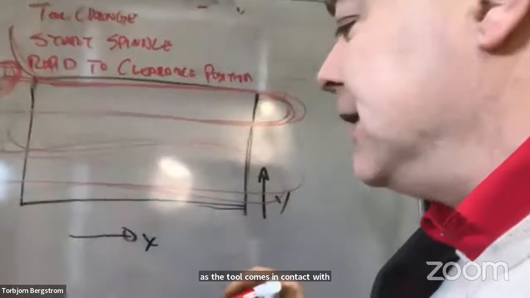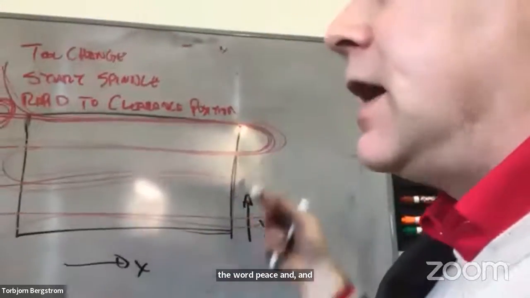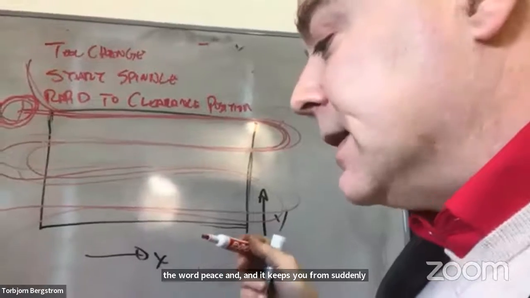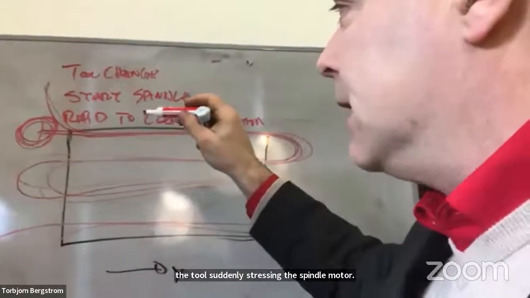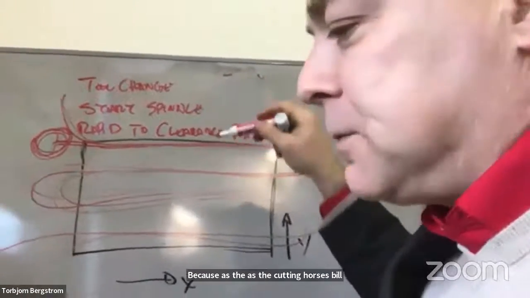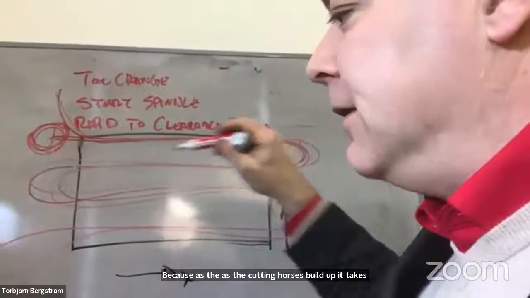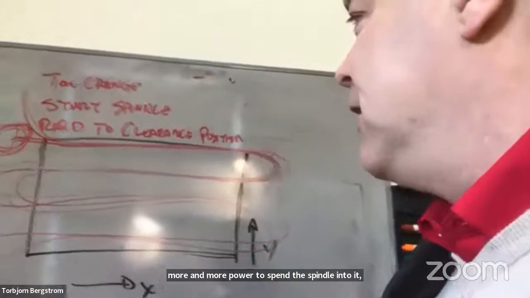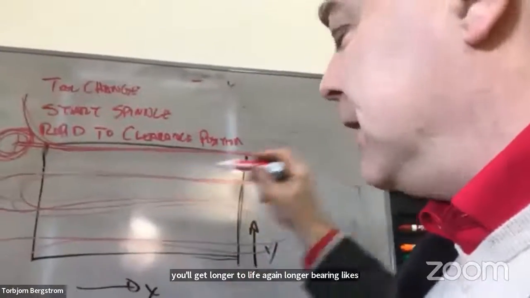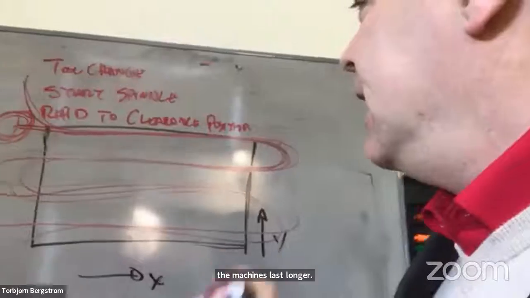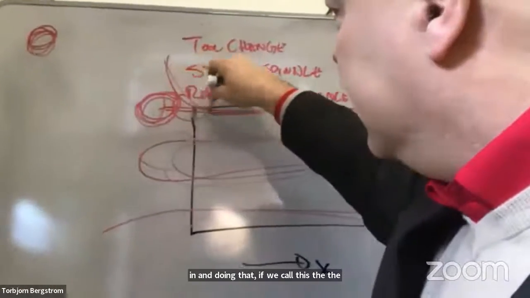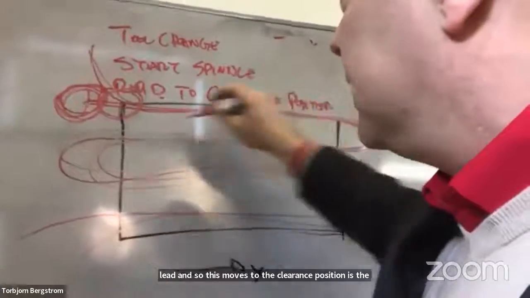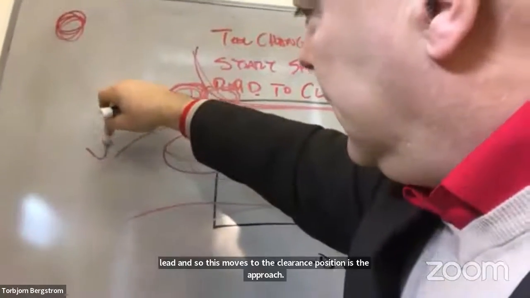It keeps you from suddenly stressing the tool and the spindle motor, because as the cutting forces build up, it takes more and more power to spin the spindle. You'll get longer tool life and longer bearing life, and the machines last longer if you're a little nicer to them when they're coming in. We call this the lead in. So the move to the clearance position is the approach, and this is the lead in.